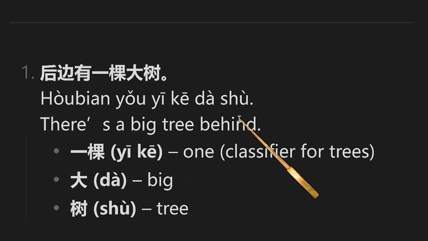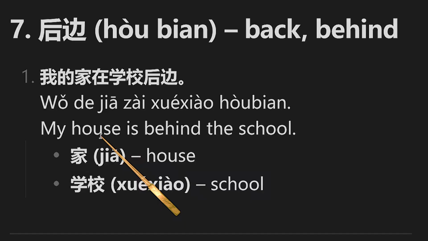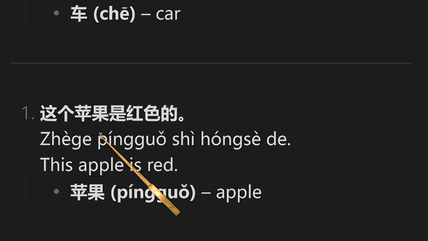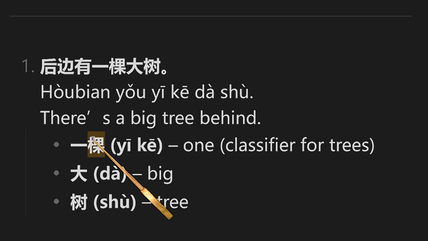There is a big tree behind. 后边有一棵大树。后边, behind, there is 有一棵大树. Let's see, 一棵, it's one classifier for trees, 棵. Again, look on the left part of the character: we can see this character looks like a tree, so it's easy to remember.